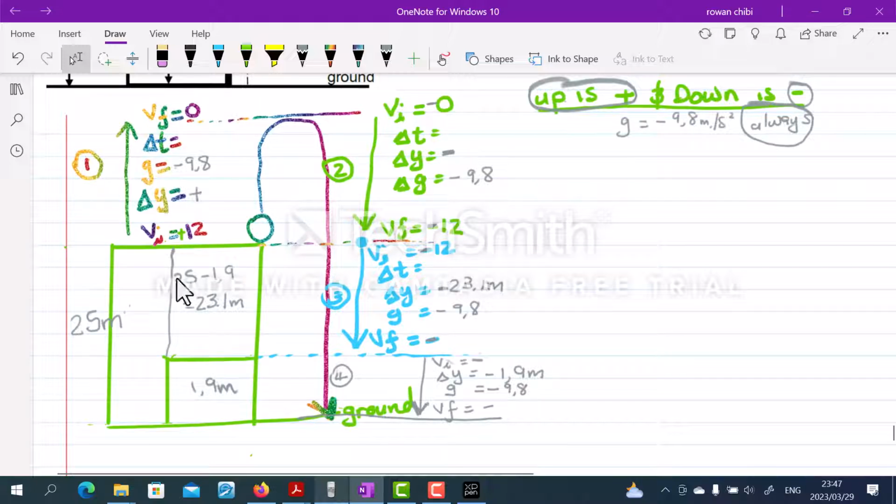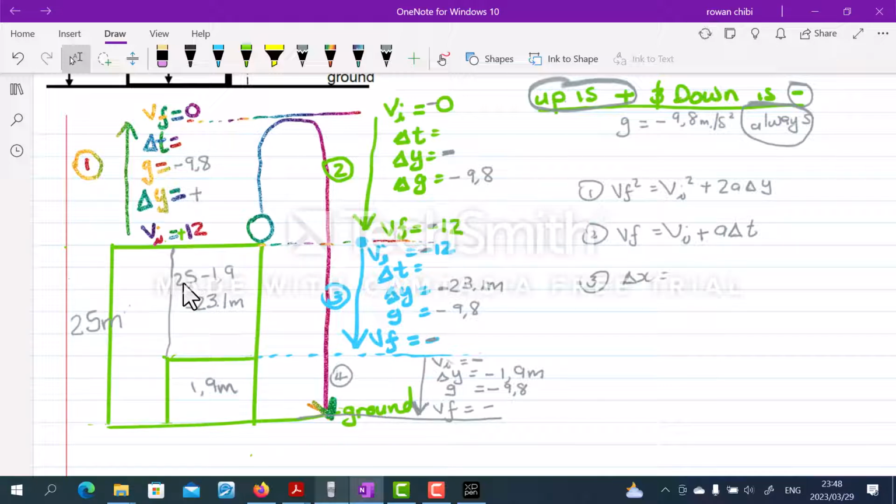Now let us write our formulas. Formula number 1: v final squared is equal to v initial squared plus 2a delta y. Formula number 2: v final is equal to v initial plus a delta t. Formula number 3: delta x is equal to v initial plus v final all over 2, multiplied by delta t.